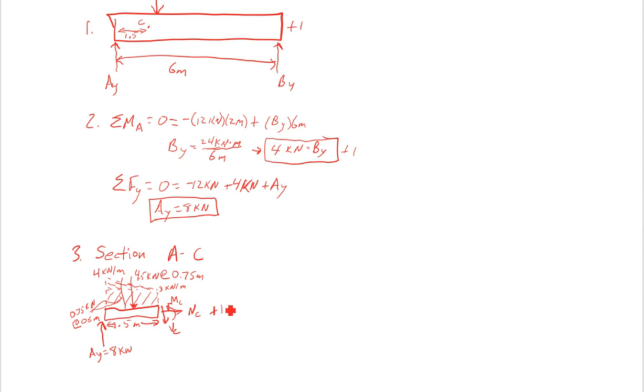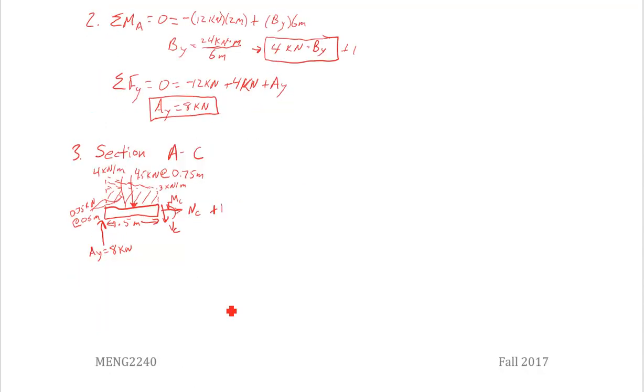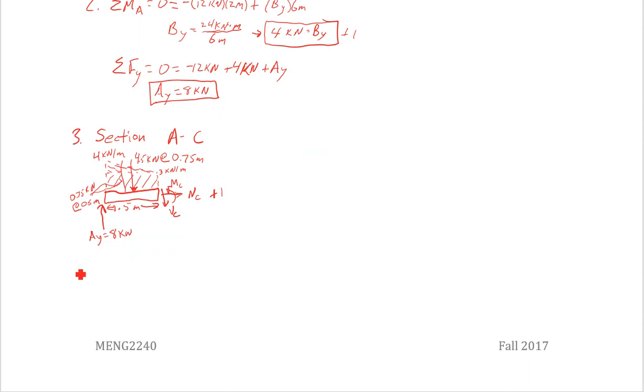Get a point there, and then we can write some equations. So sum of the forces in Y equals 0. So what do I have there? I have 8 kilonewtons from my AY. I have minus VC. I have minus 4.5 kilonewtons.